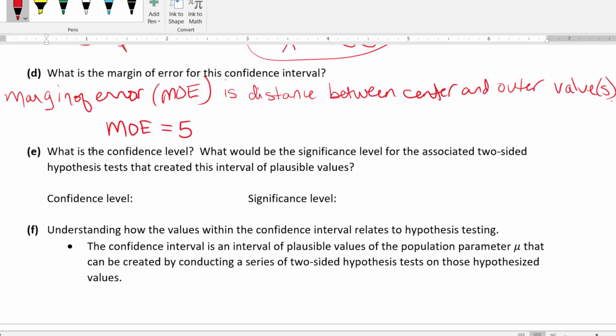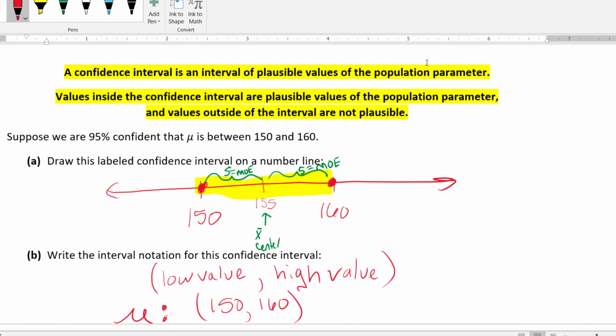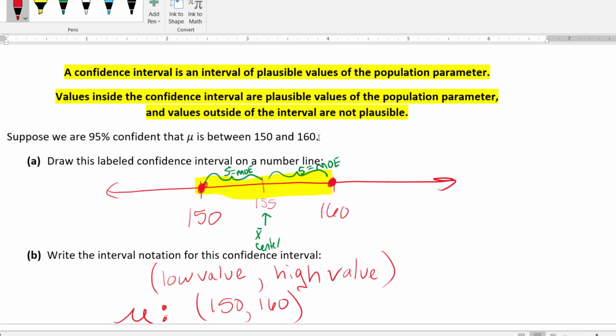So next it asks us to identify the confidence level. The confidence level is 95%. In the intro sentence it said we're 95% confident that our population parameter is between 150 and 160. That 95% is called the confidence level. It's how confident we are that the true value of the unknown population parameter is within that interval.